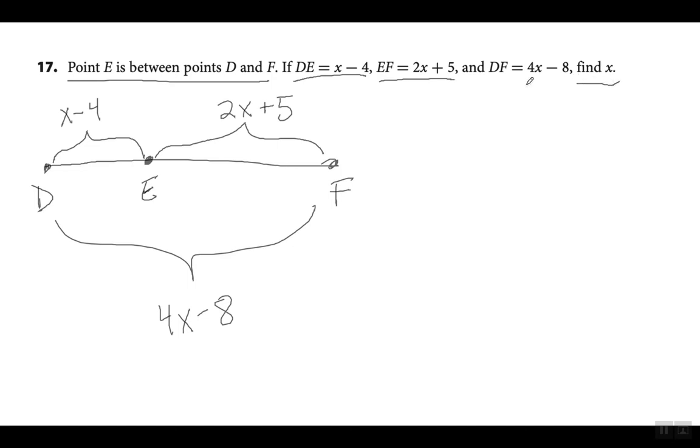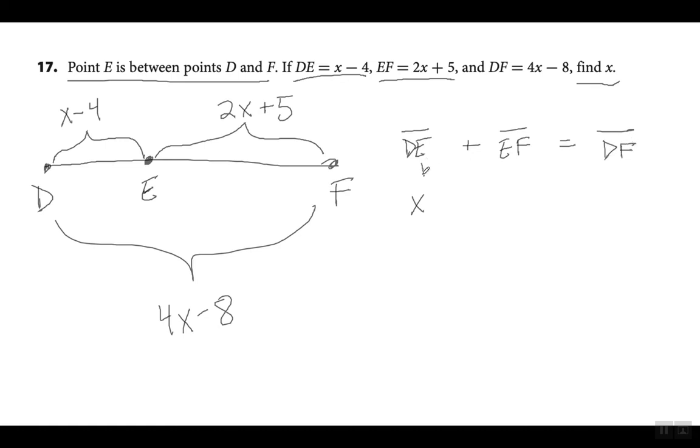The way I'm going to set it up is this segment plus this segment has to equal the entire thing. Before I write that, let me write this on the top. Segment DE plus segment EF has to equal segment DF. That's what I'm doing.